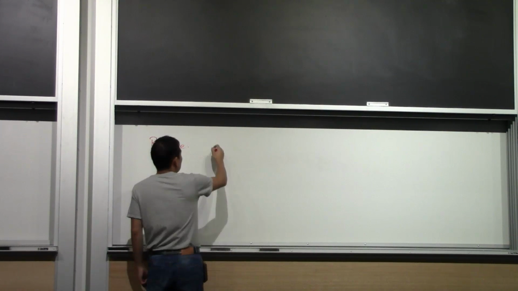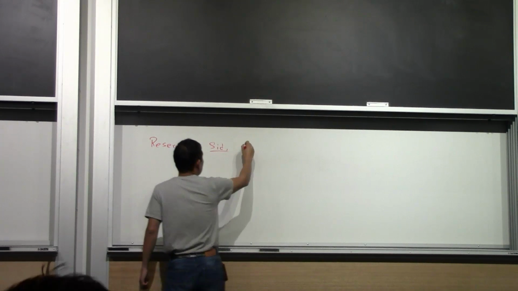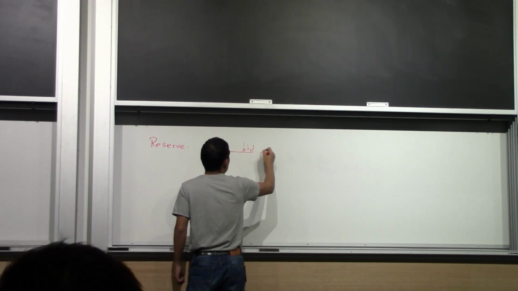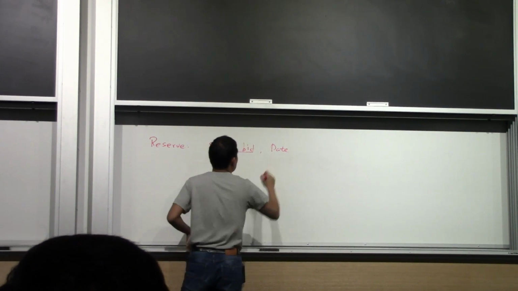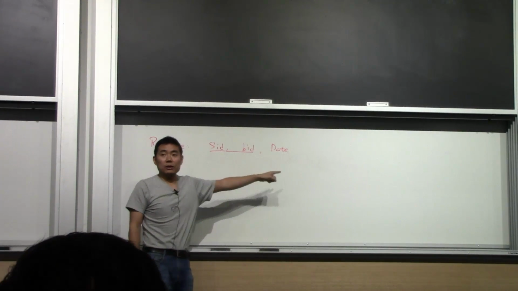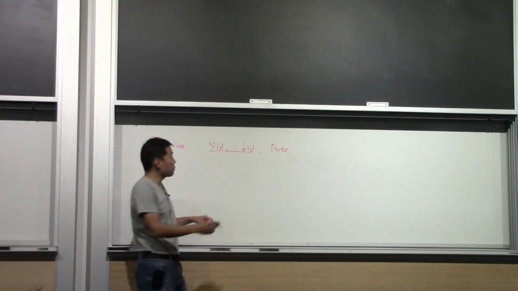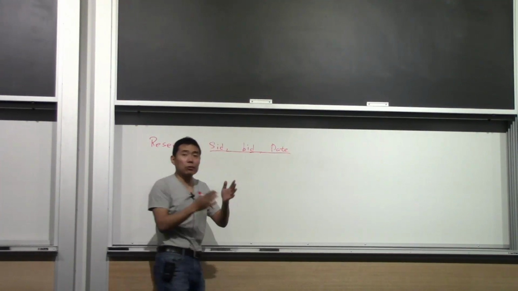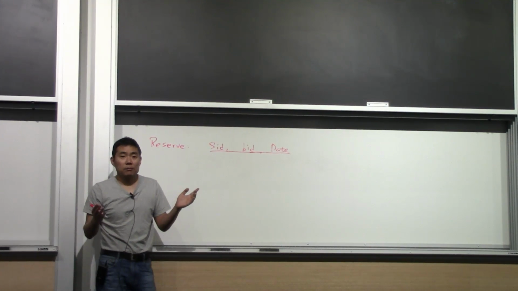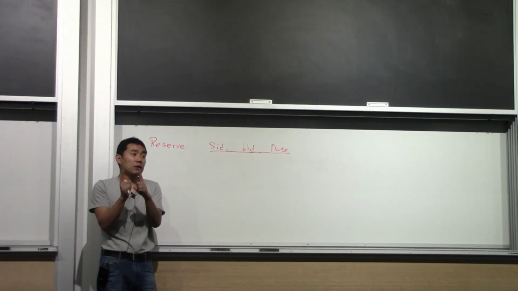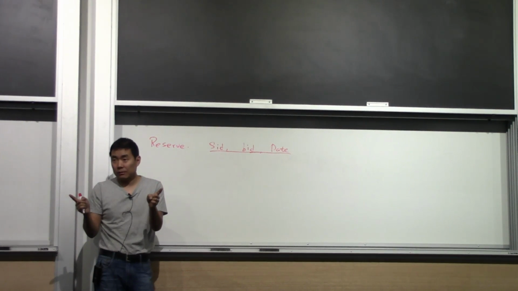Which, to remind you, has sailor ID, boat ID, and date: which sailor reserved which boat on which date. And the primary key of that table is all 3 attributes, meaning the same sailor may reserve the same boat on different dates.